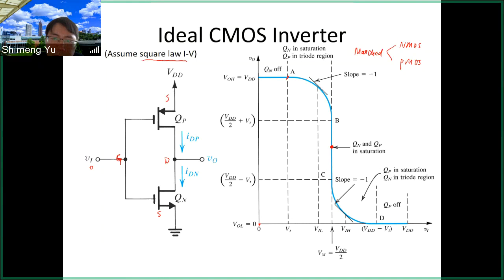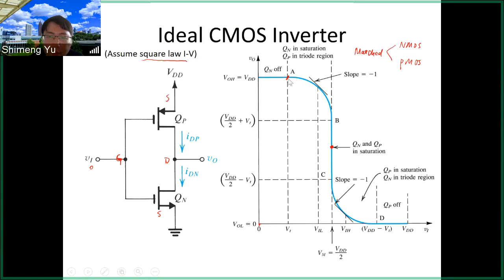This holds until point A, where the input voltage is the same as the threshold voltage of the NMOS. At this moment, the NMOS is going to be turned on, and after that we will have current flow. Once we have current flow, the source and the drain will no longer be at equal potential for the PMOS. That means the drain will be at lower potential for the PMOS, and the output will start decreasing from VDD.